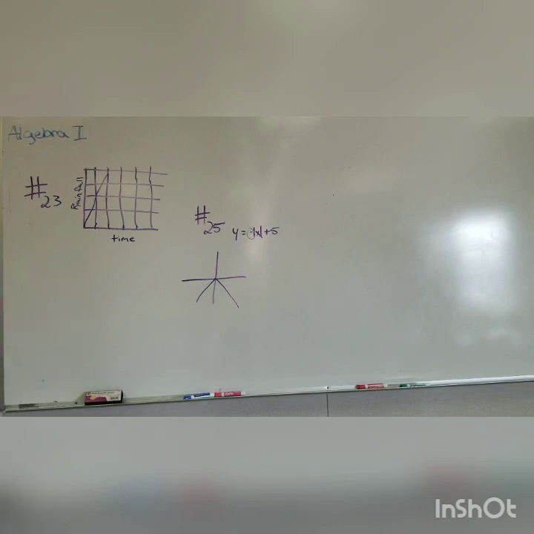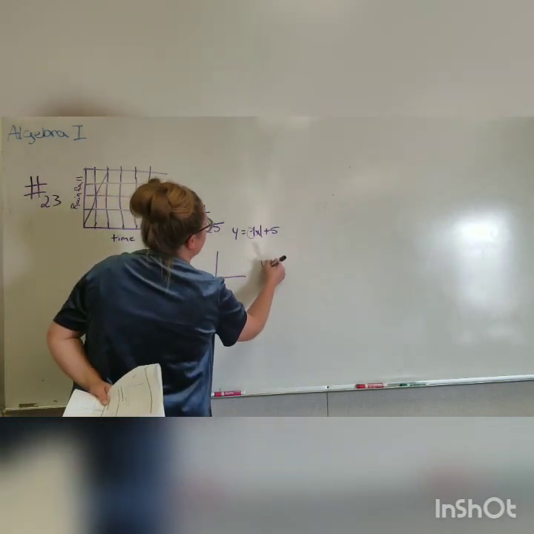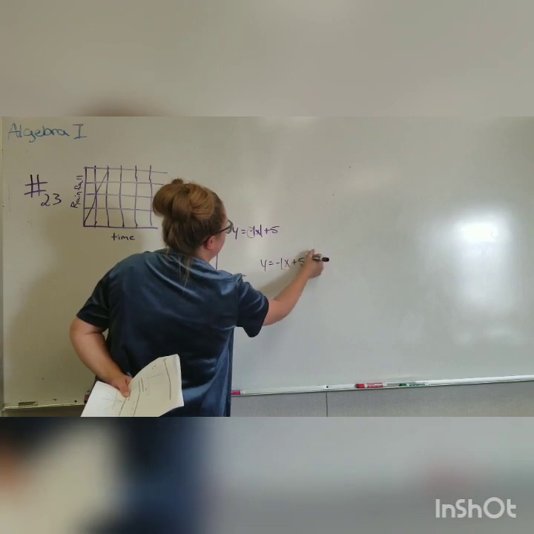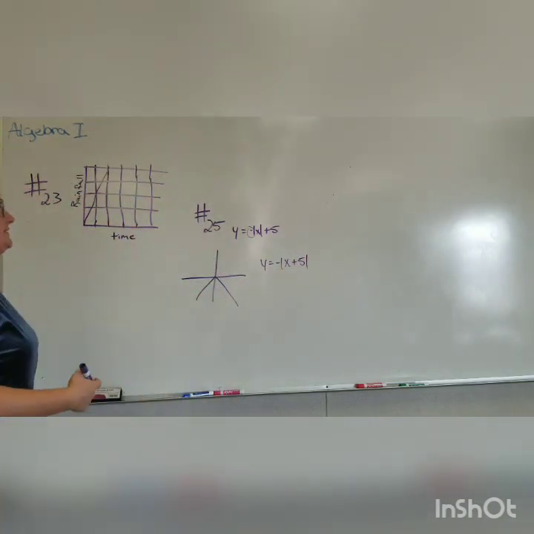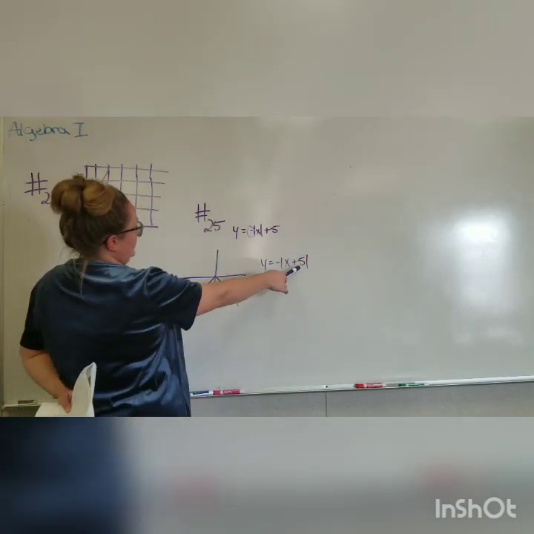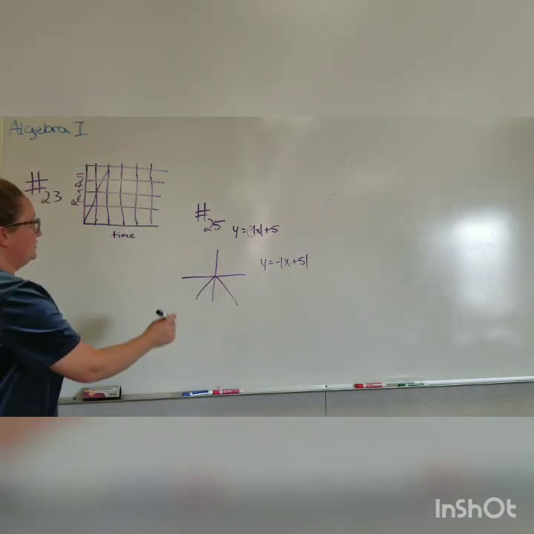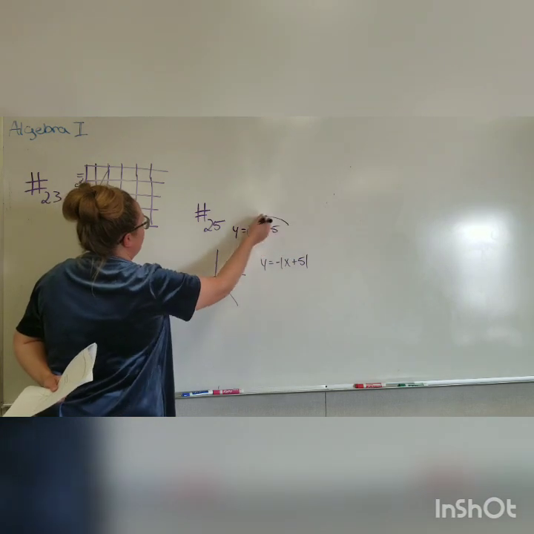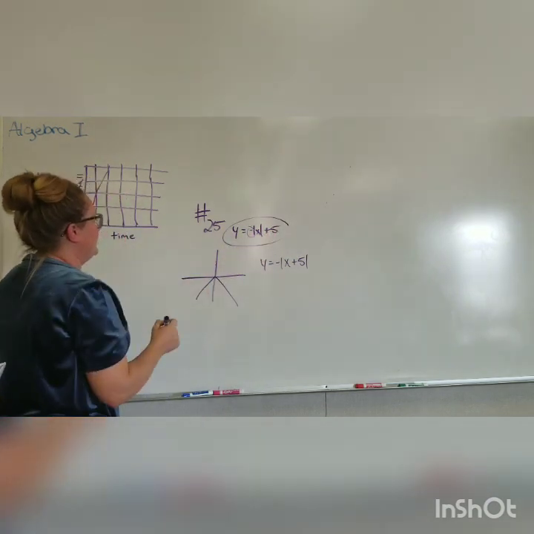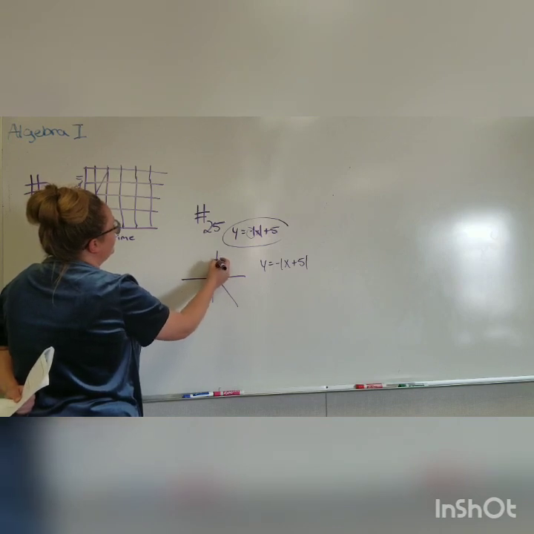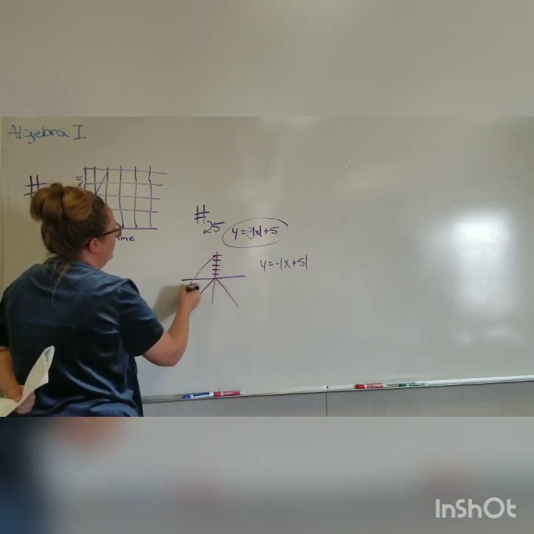If the number is inside the absolute value, it goes either left or right. And inside it's opposite. So if it's positive, it actually goes left. If it's negative, it actually goes right. So this is the graph we're looking for. It's outside and it's positive. It means the vertex of this is actually going to go up 5 and open from there downward.